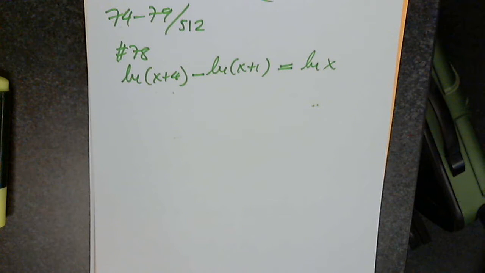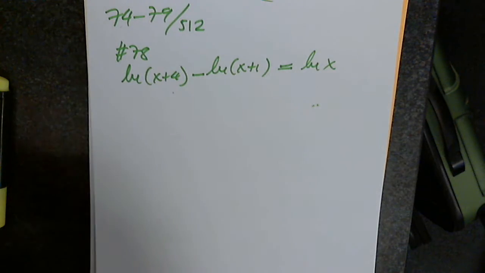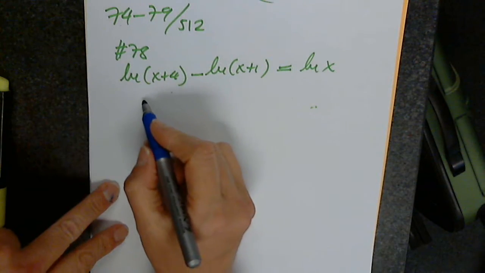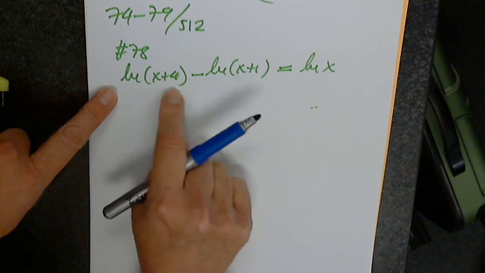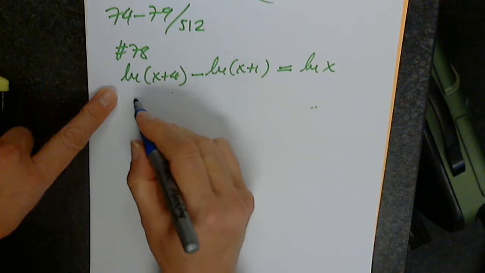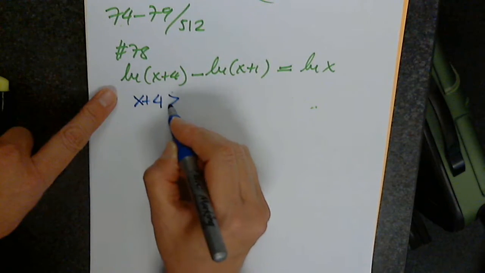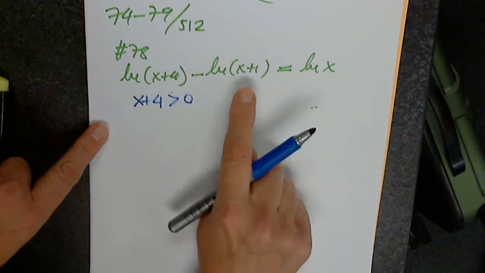What is the first step, which I highly recommend? I recommend you state the domain. I truly believe that. So for this, what will you write? What is the domain of this? X plus 4 must be greater than 0. I have to write the inequality first for everyone to see. What is the domain for this?